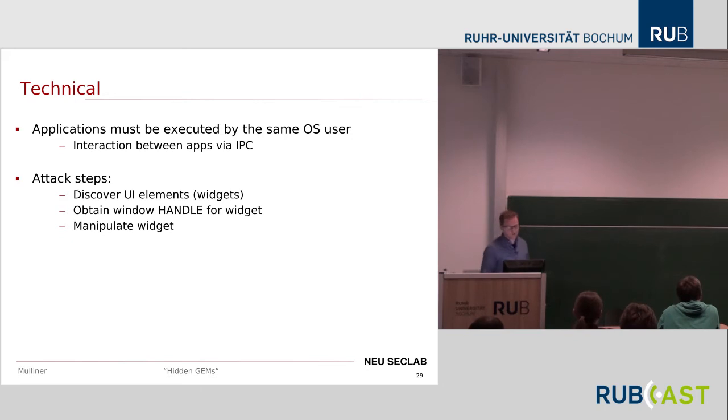We have to be able to discover UI elements, so we ask the UI framework, hey, can you give me a list of all widgets that are currently registered for a process or maybe globally. Then we must be able to obtain a handle for a widget and manipulate it or get information from that widget. If you have these three capabilities, you can launch this kind of attack.